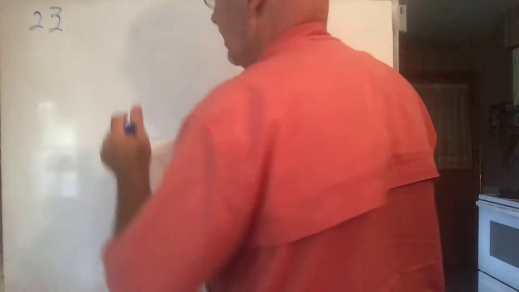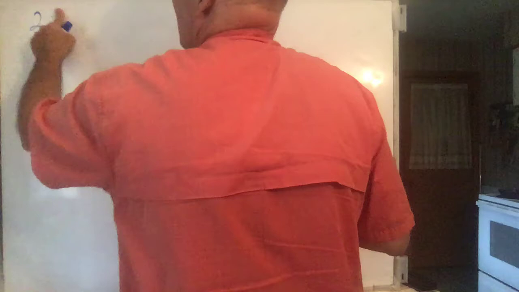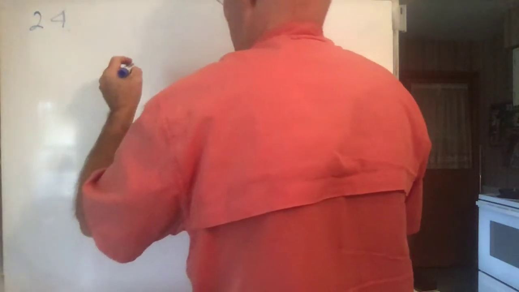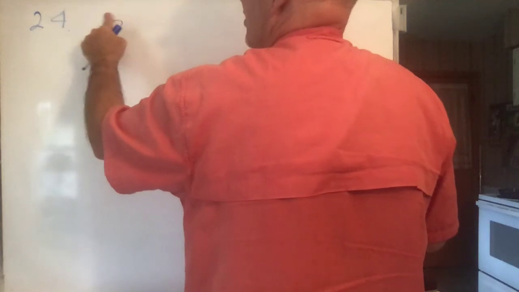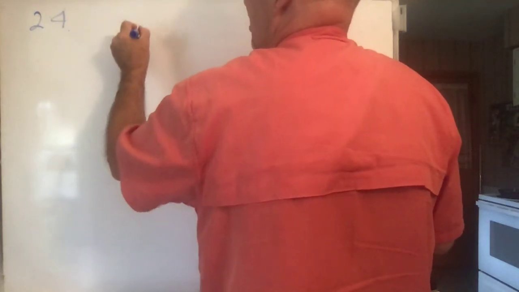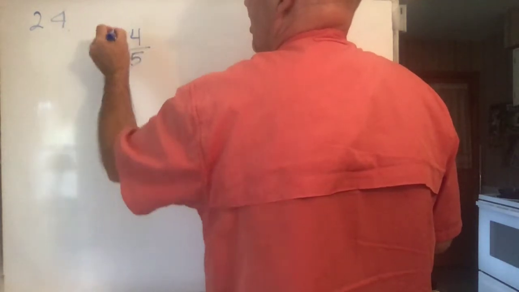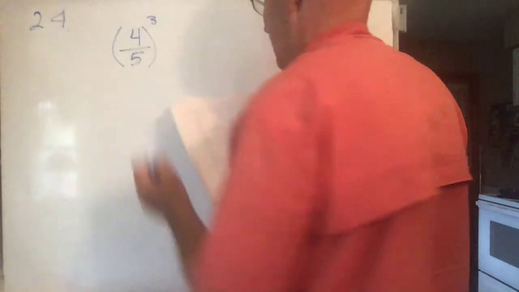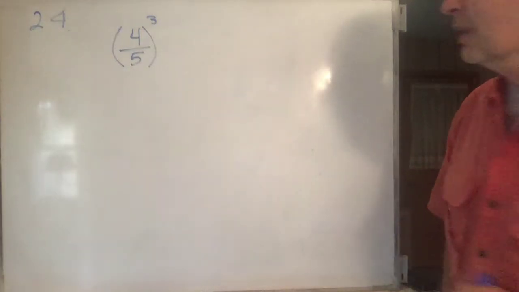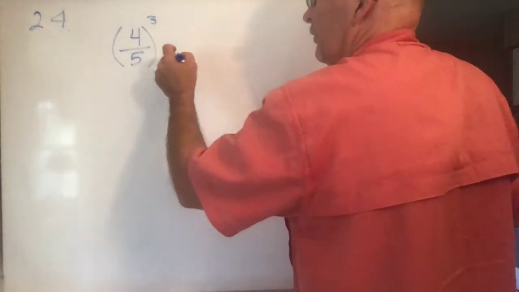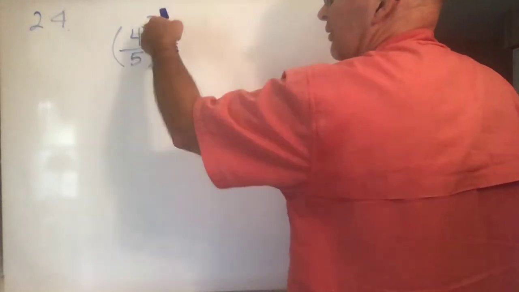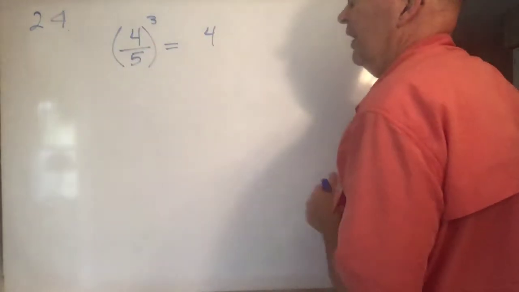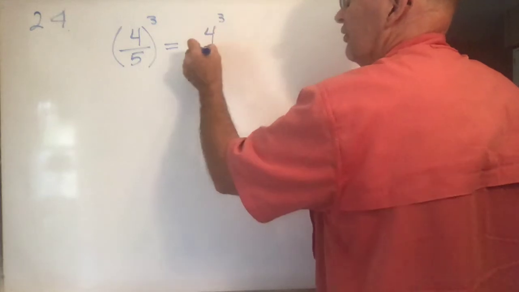Twenty-four says, take 4/5 and take it to the 3rd power and write it as a fraction. Well, I happen to know that if you have something like that to the 3rd power, that means that everything in here that's being multiplied or divided, you do all those things to the 3rd power.